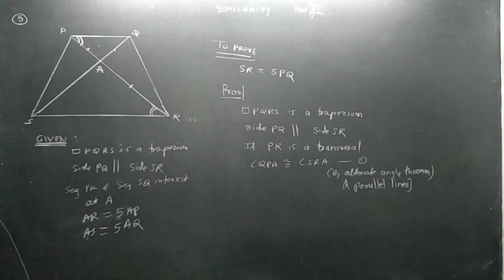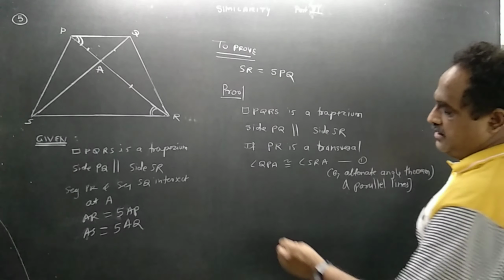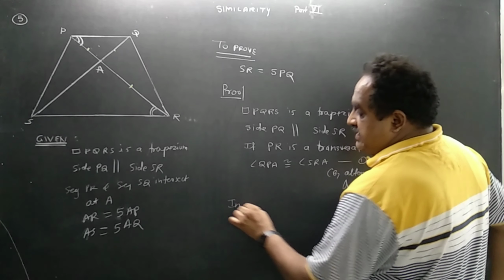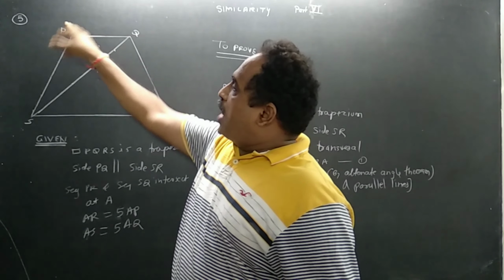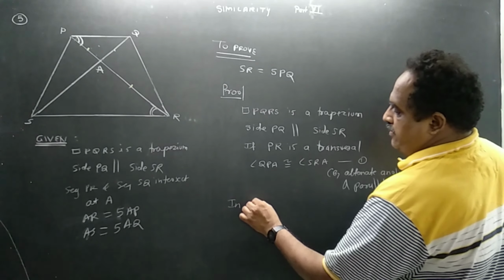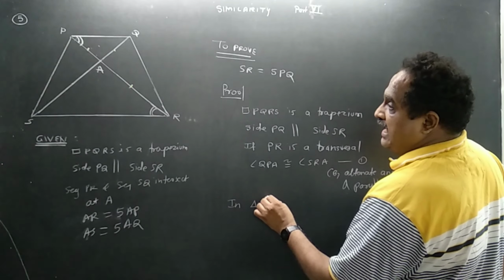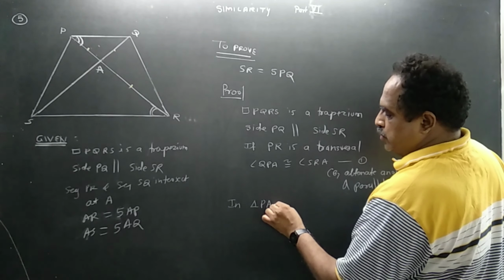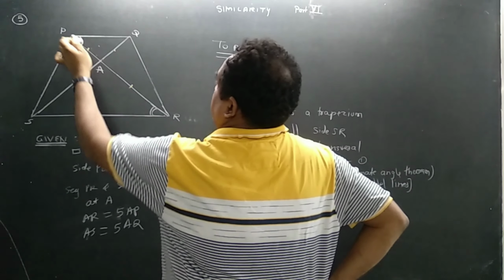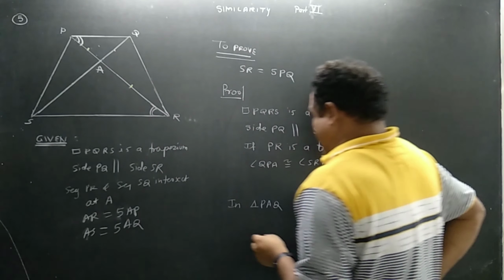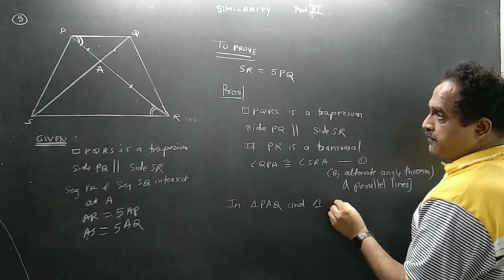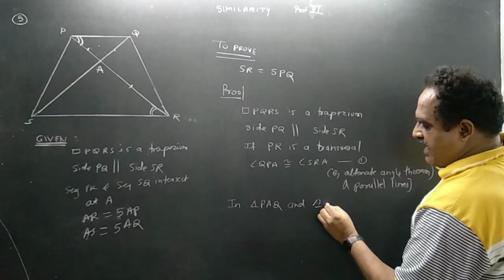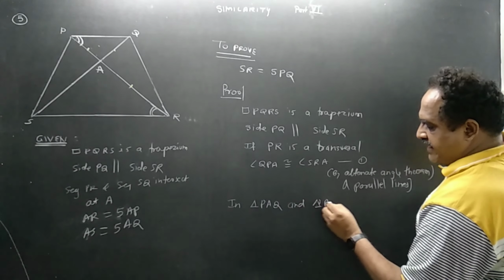Once we got that, now we are going to take these two triangles. See, triangle PAQ. तो P के साथ में क्या लेना है? R लेना है. And triangle P के साथ क्या लेना है? R. A के साथ क्या लेना है?